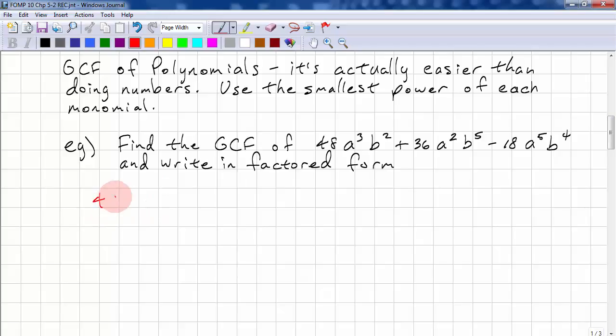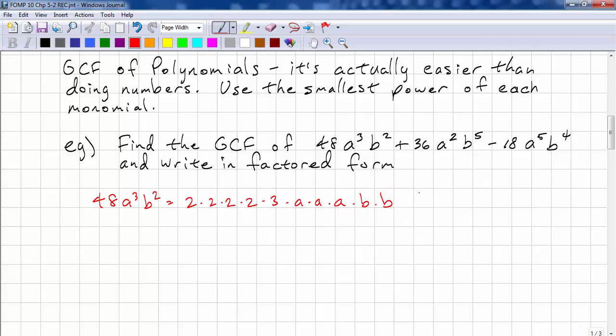We still need to do prime factorization on the constant term. So 48 is 2 times 2 times 2 times 2, that's 16, and then times 3. And we have times a times a times a times b times b.